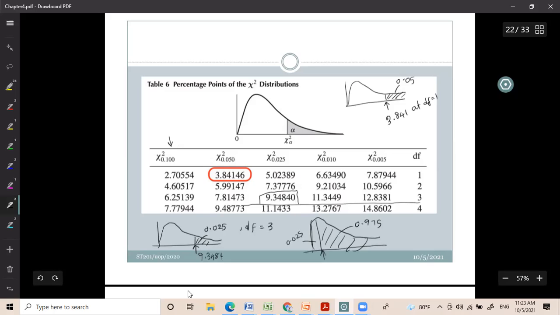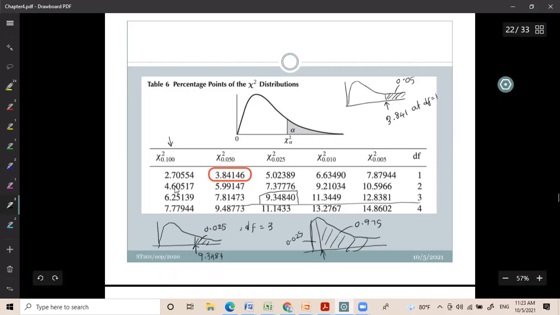You will see some selected tail probabilities to the left of this table. So there is a column for 0.975, which means the left tail 0.025, right tail 0.975. And there's a column for 0.90, 0.95, and so on. So you can easily read the table.